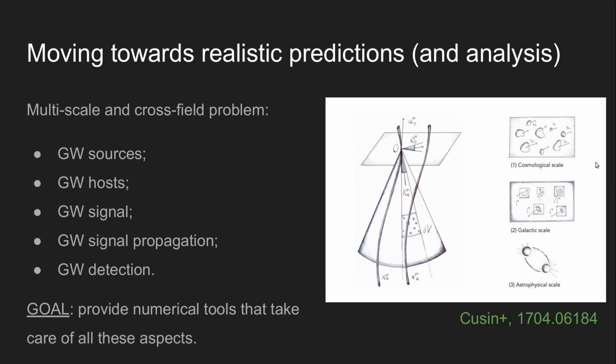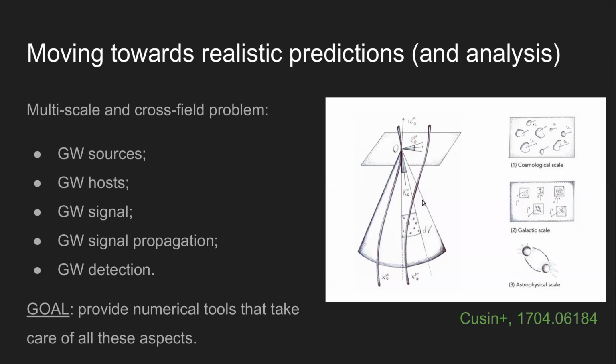In particular, you have to understand what your sources are, where your sources live, their host, and what the physics both of your sources and your host is, how your host is embedded in your cosmological context, what the gravitational wave signal you're going to observe is, how this signal is going to propagate in your perturbed cosmological background, and how you are going to detect it.